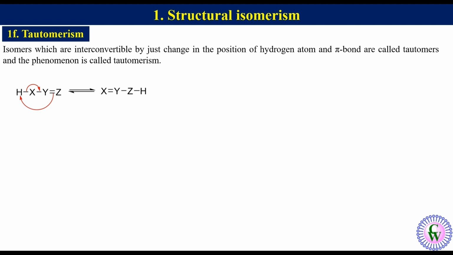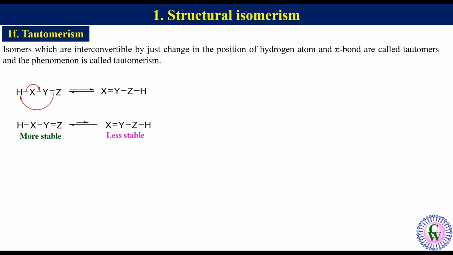In that case, the arrow in the direction of the more stable tautomer is longer than the arrow in the direction of the less stable one. Thus, if the left side tautomer is more stable than the right side tautomer, then the arrow in the left side direction will have longer length than the arrow in the right side direction.